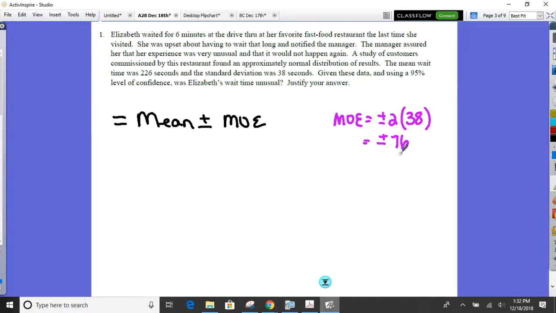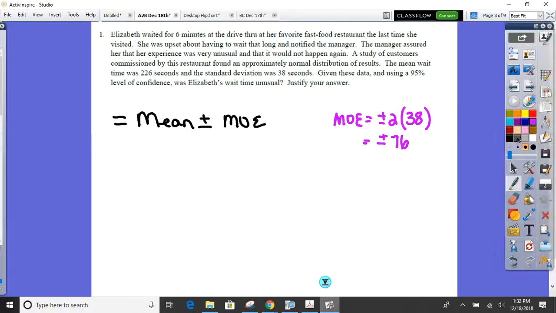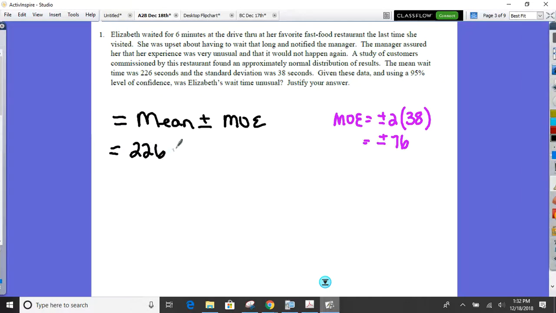So that tells me the mean they gave me of 226 could be off by 76 seconds in either direction. Now let's find the confidence interval. Mean was 226. Add and subtract that margin of error of 76, and let's see that 95% interval.